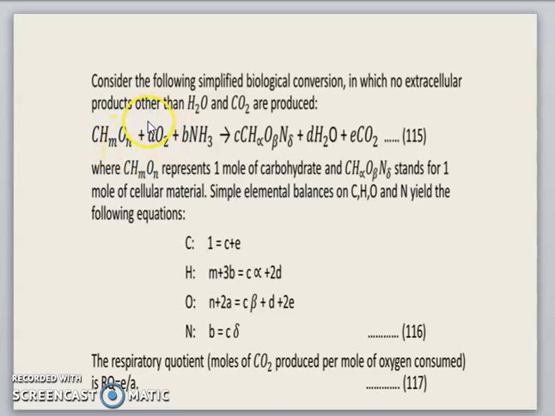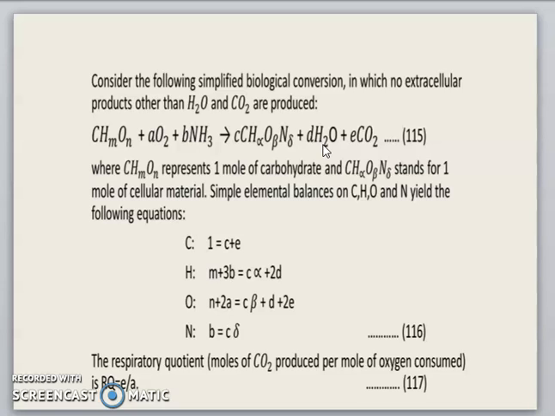If required, oxygen, so there will be oxygen and the nitrogen source. The product will be the biomass, which is the microbes, because there will be growing of microbes. And then there will also be product, and then the releasing of CO2 and H2O.